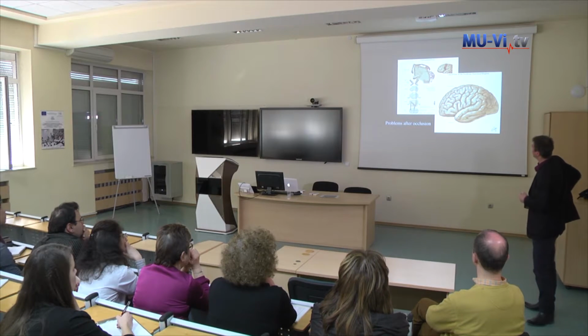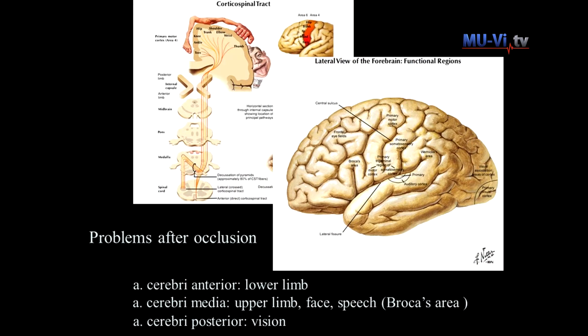So what do we see here? We see the so-called homunculus, which means little man, which is lying along the primary motor cortex, and you see which area of the cortex is important to supply the motor information to parts of the body.